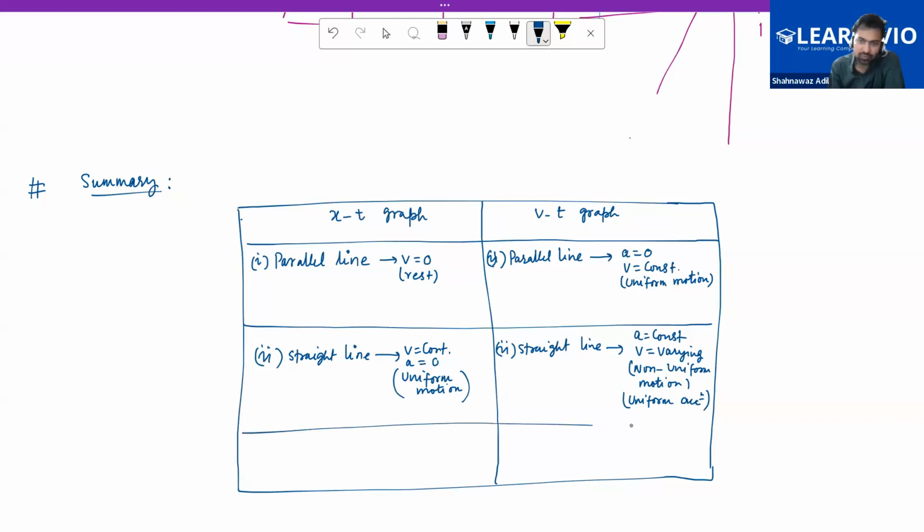Clear? Yes. Now the third one is the curved line. In this one, v is varying, and acceleration may or may not be constant. So we cannot talk about this. So this is non-uniform.